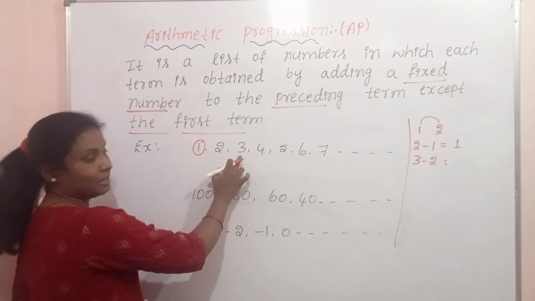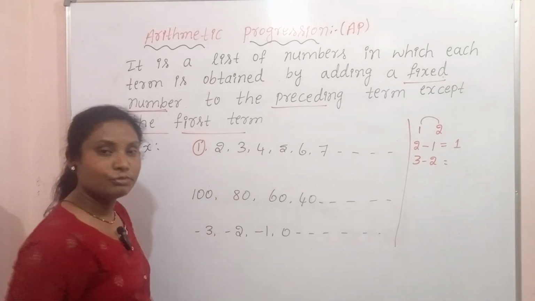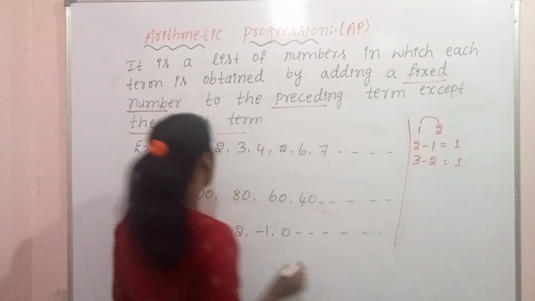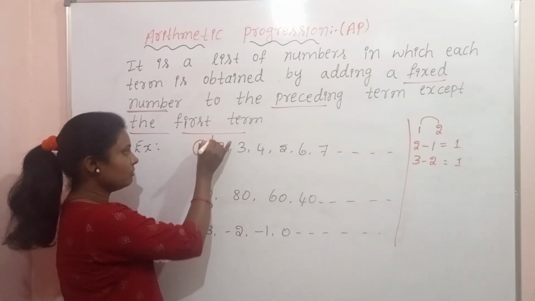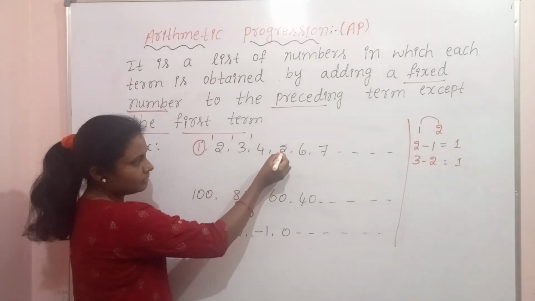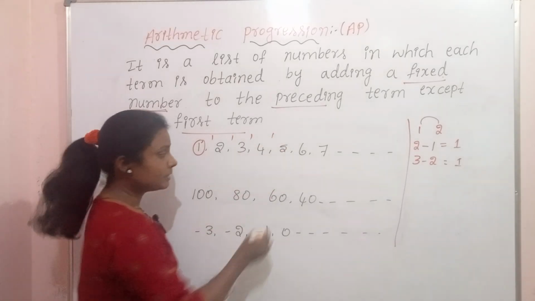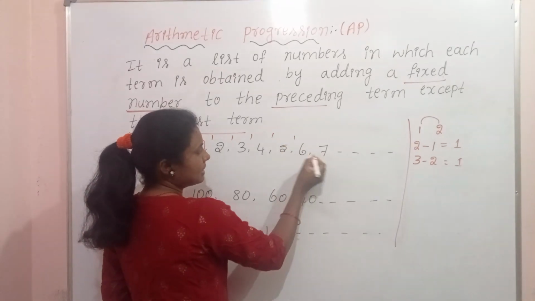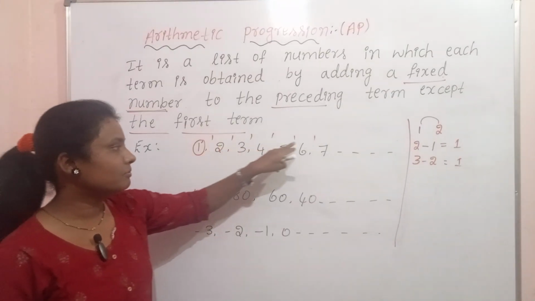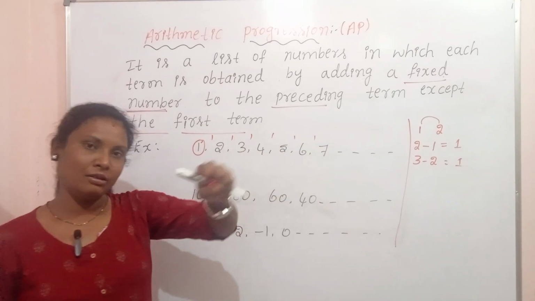Here it is 4 minus 3. Here it is 5 minus 4, like that. If you find the difference, you will get 1. So 2 minus 1 is 1, 3 minus 2 is 1, 4 minus 3 is 1, 5 minus 4 is 1, 6 minus 5 is 1, 7 minus 6 is 1. In all the cases, the difference is 1.